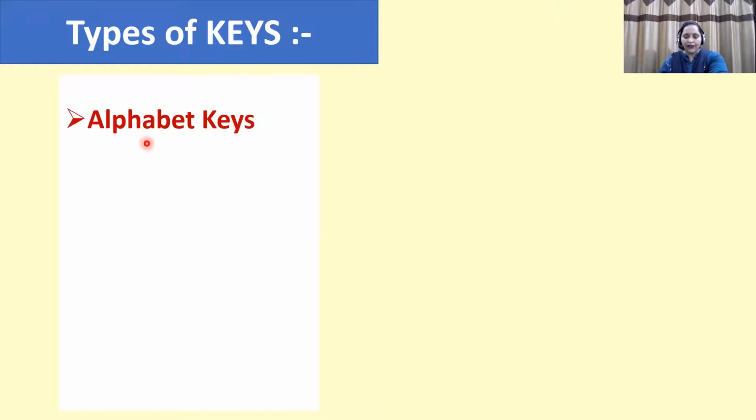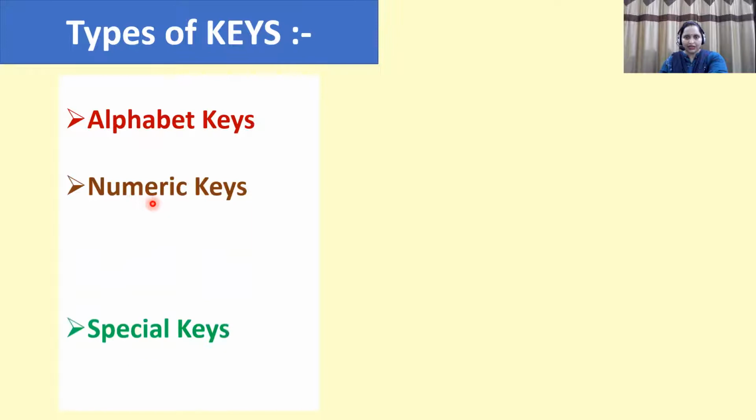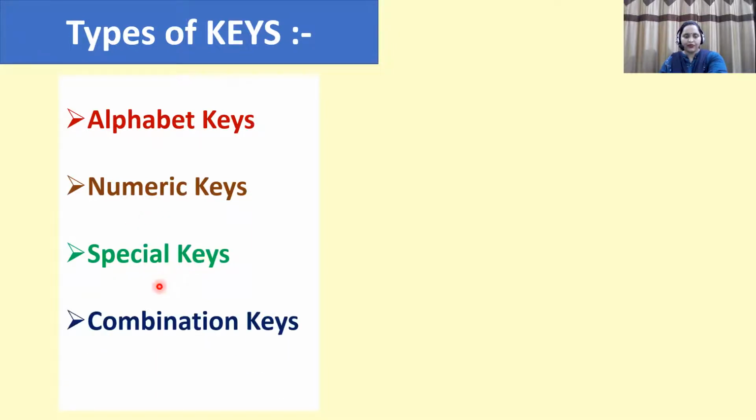First, alphabet keys. Second, numeric keys. Third, special keys. Fourth, combination keys. And fifth, punctuation keys. Children, we will study all these keys in detail in this chapter.